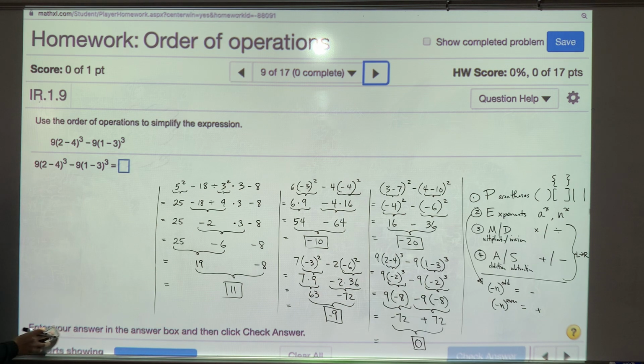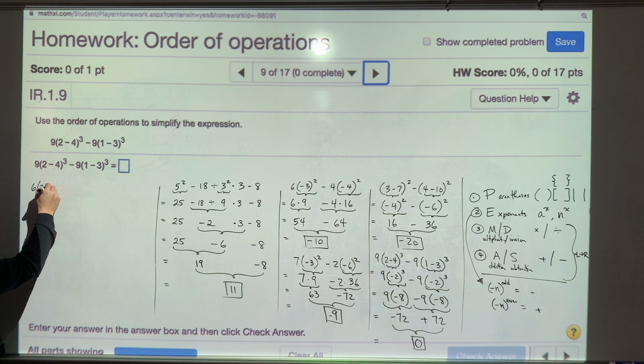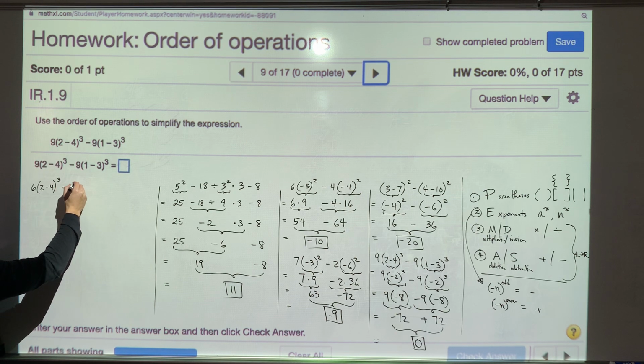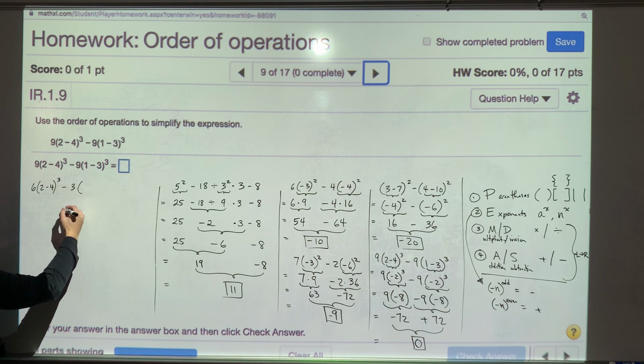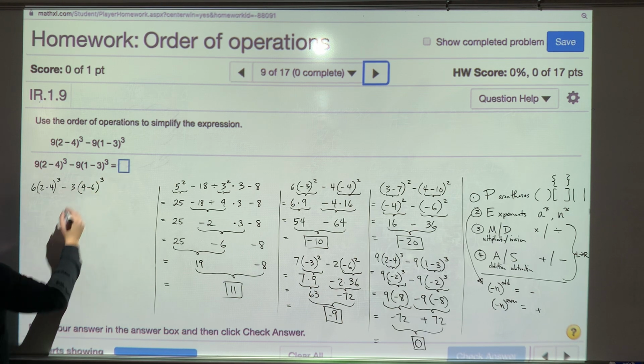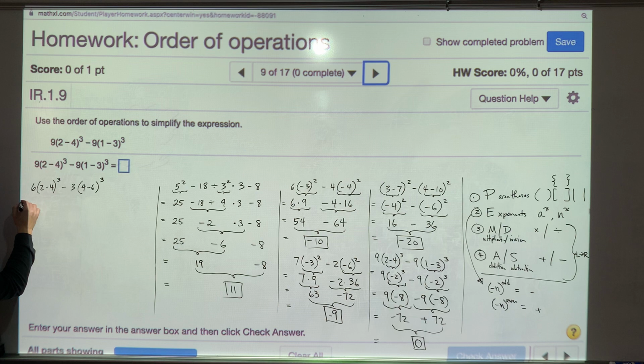So it's 6 times 2 minus 4, and the 2 minus 4 is in parentheses, to the third power, minus 3 times 4 minus 6 to the third power. All right, let's get going. What happens first? The parentheses.